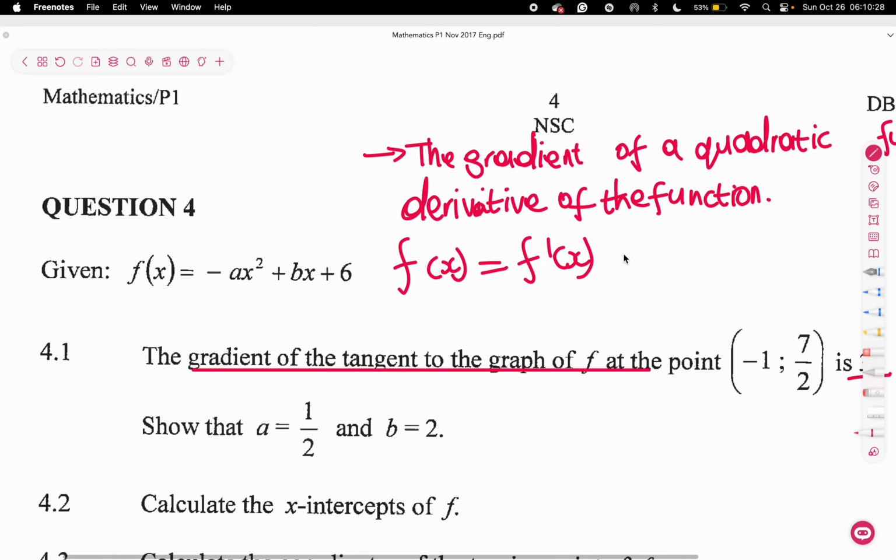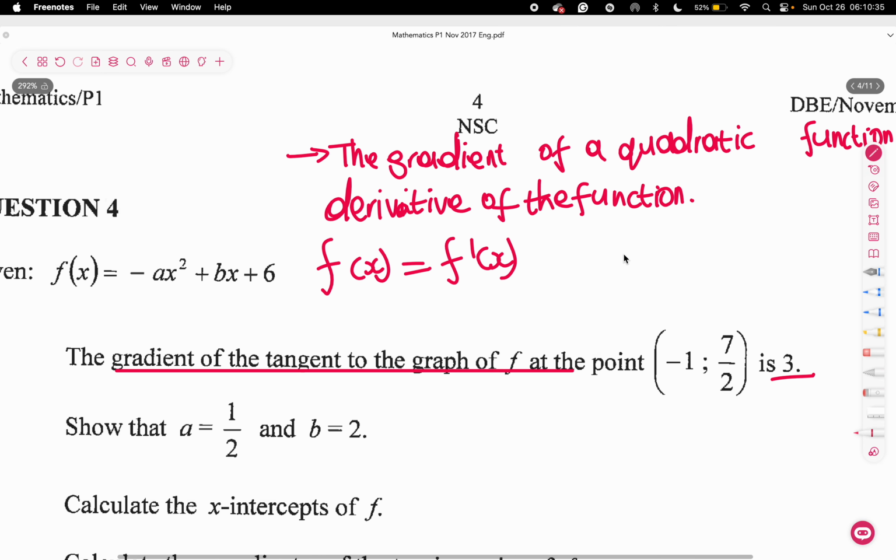So that basically means that for you to find the gradient, which is 3, you first need to find the derivative of the function that you're given. Okay, anyway, so let's start.